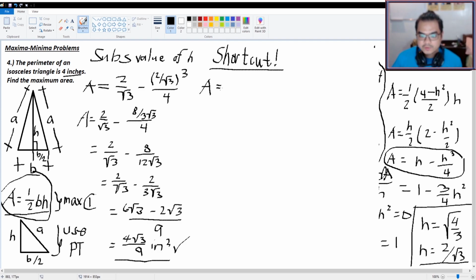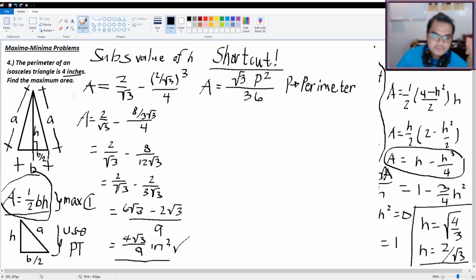The shortcut is square root of 3 p squared all over 36. Just remember that p here is your perimeter. Using this formula, your p here is 4.